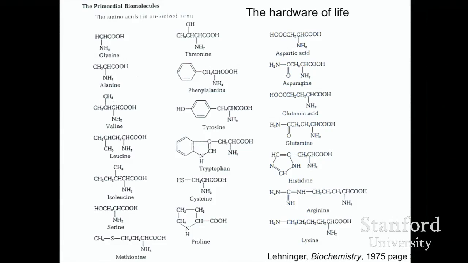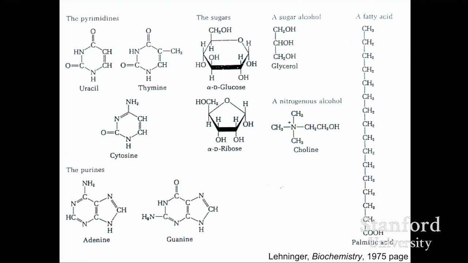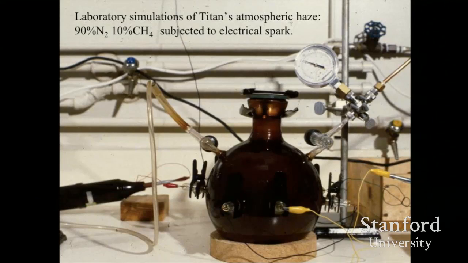So here are the pictures of these molecules. These are the 20 amino acids. Here are the purines and pyrimidines and the sugars, and add in a few fatty acids, and you've got it all. Now, one of the most amazing results so far is that we can basically make all this stuff in the lab for free. If you just take the famous Miller-Urey experiment.